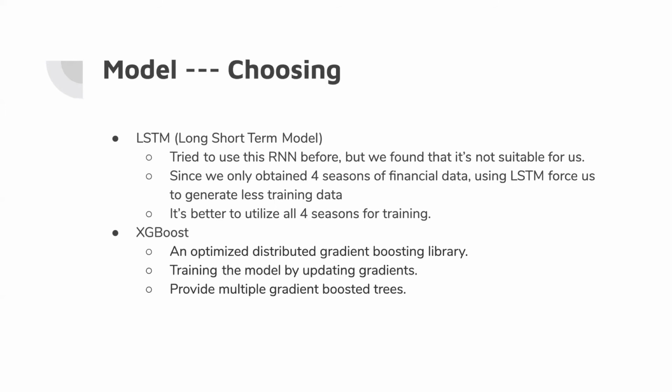So in the end, we use XGBoost as our model. It is a regression model, and it uses a distributed gradient boosting library. It trains the model by updating the gradients again and again.